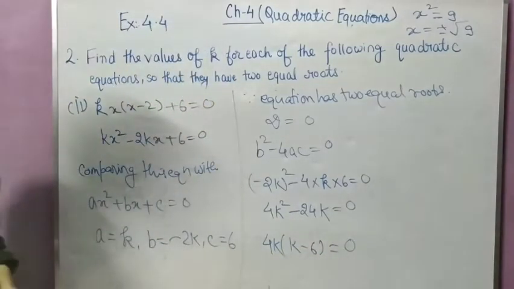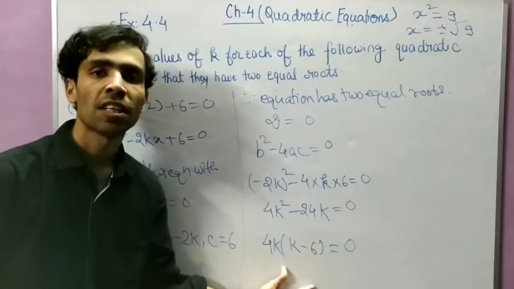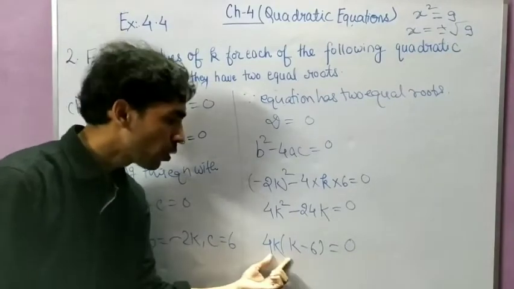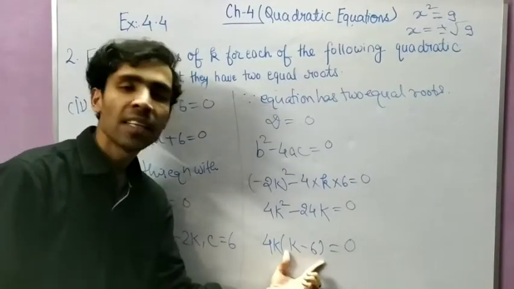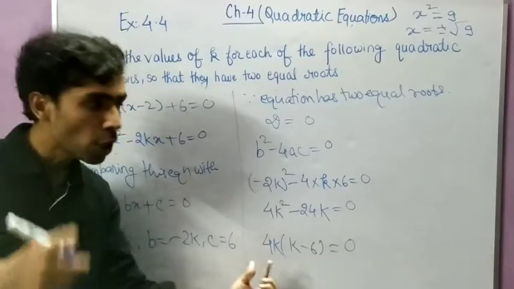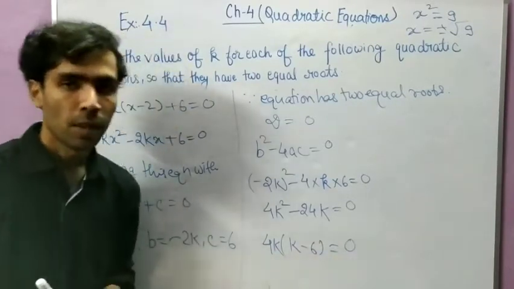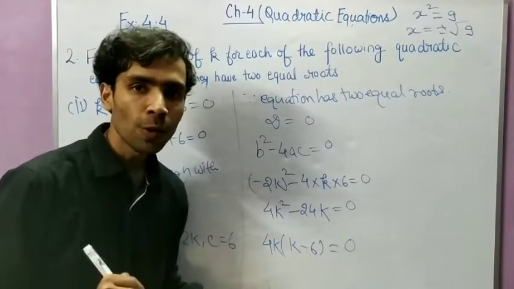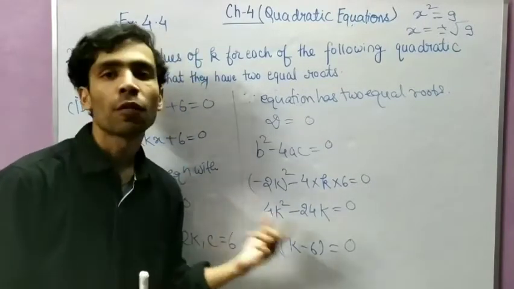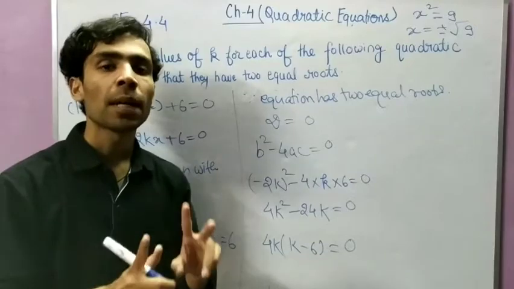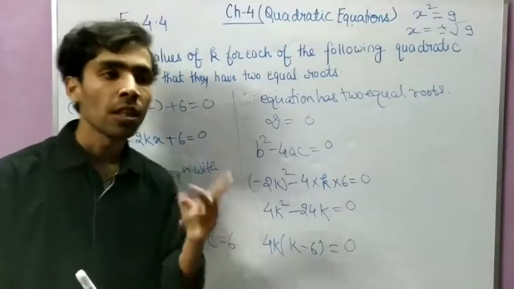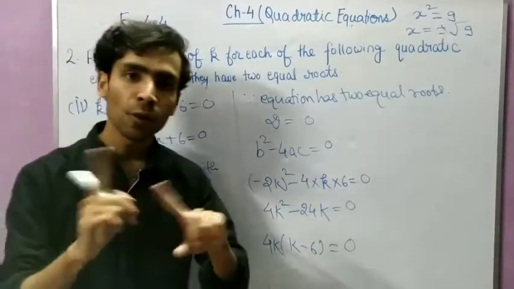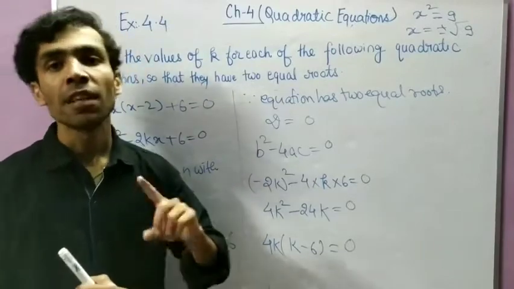Now student, it is the same as a factorization question. Here 4k is one number and k minus 6 is another number, and the product of the two numbers is equal to 0. The product of two numbers can be 0 only in two conditions: when both of them are 0, or when one of them is 0.